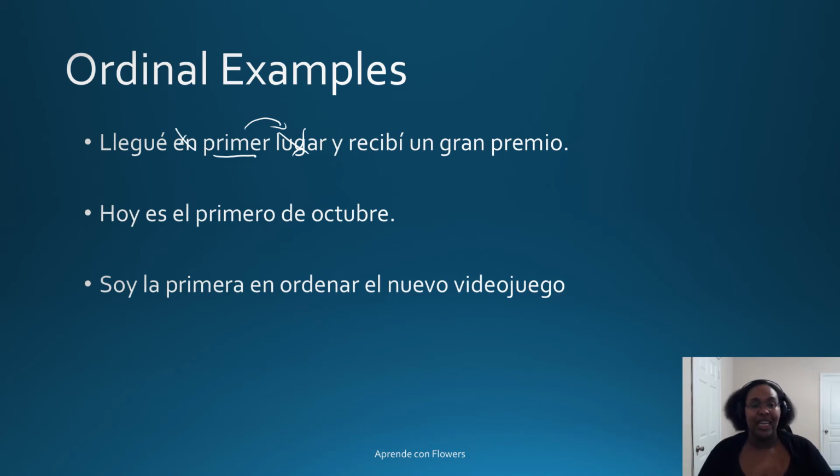We could say llegué primero if you're a guy, or llegué primera y recibí un gran premio. So you can do that, but you would have to remove the describing noun, okay? So think of numbers as primarily being masculine, and this will hopefully help you understand it better.